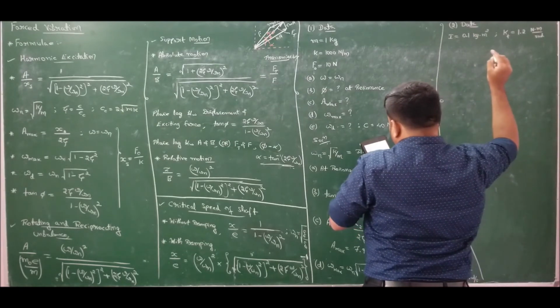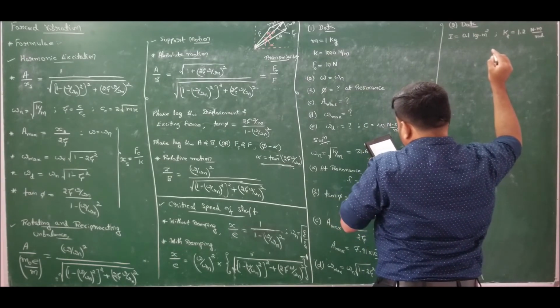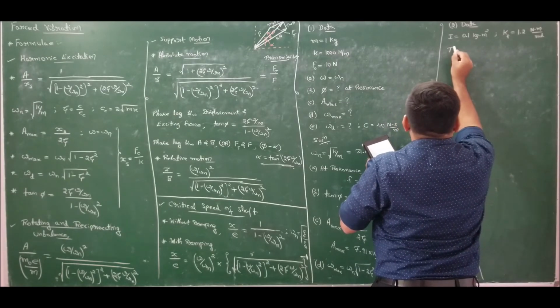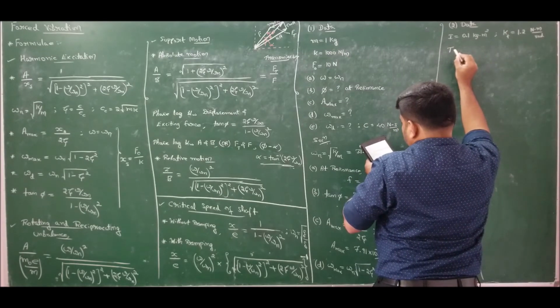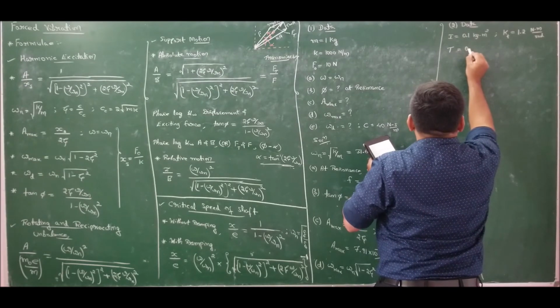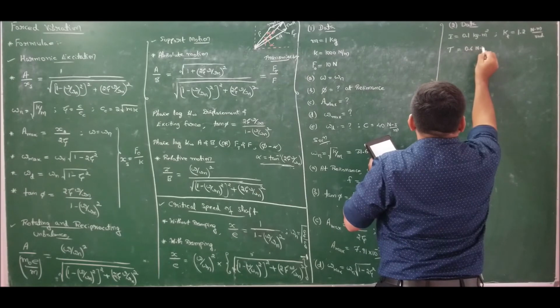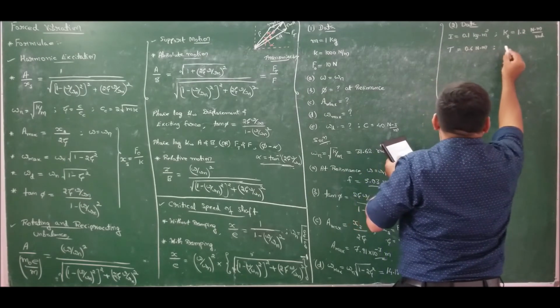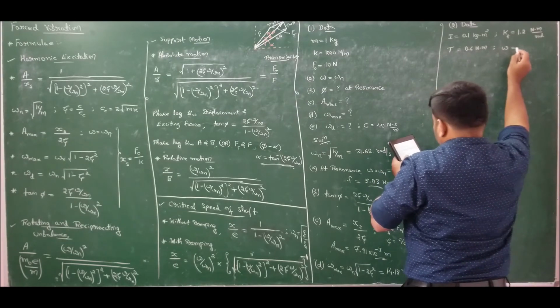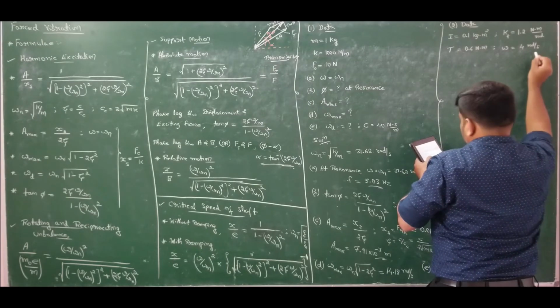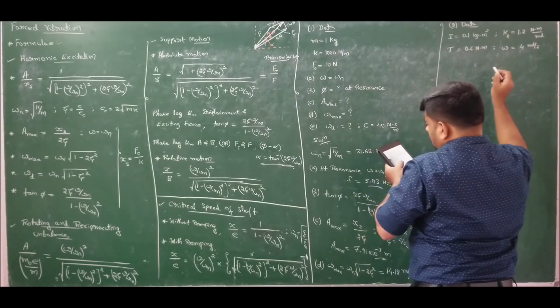A periodic torque having a maximum value of 0.6 Newton meter, that is the torque applied, at a frequency omega of 4 radians per second, is impressed upon the flywheel.